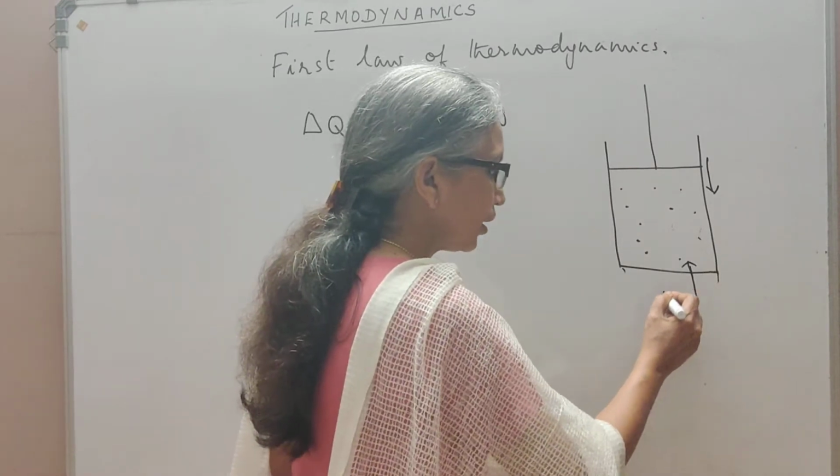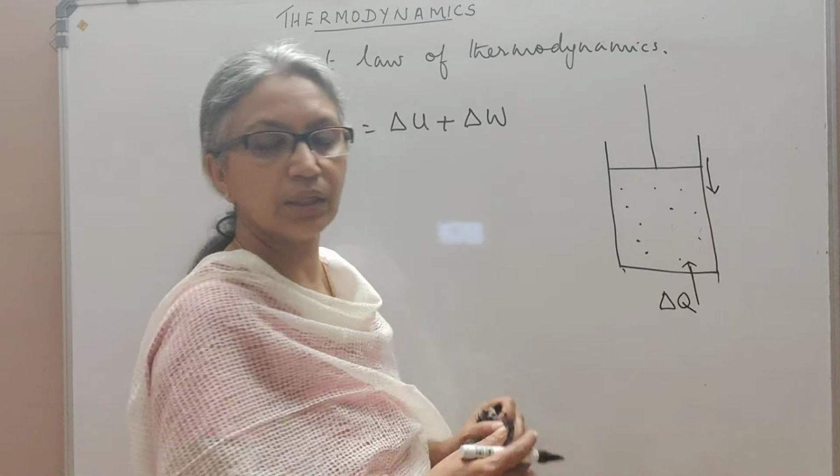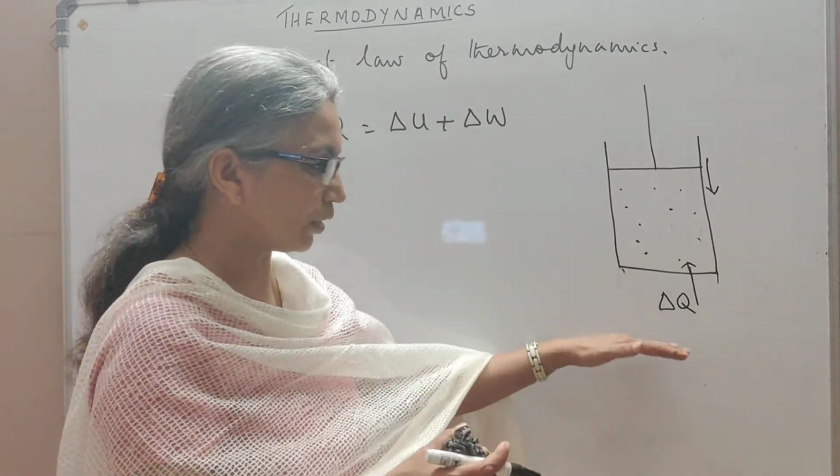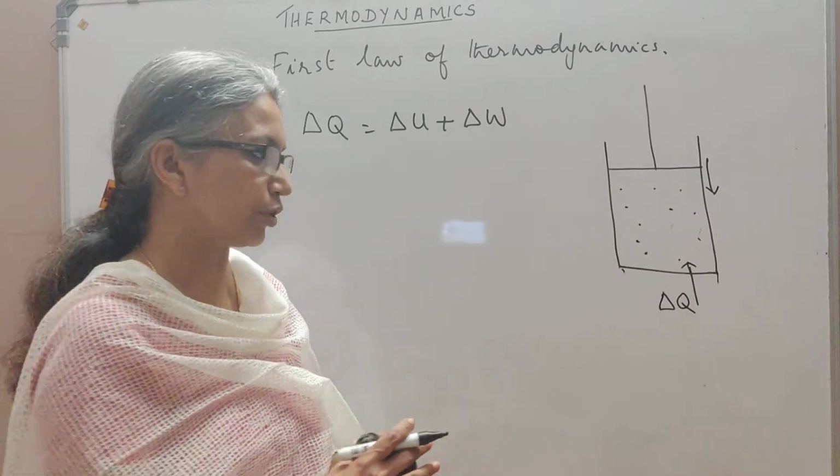We just discussed that there is heat transfer. Let delta Q be the heat transfer from the body at a higher temperature to the system, the gas, which is at a lower temperature.